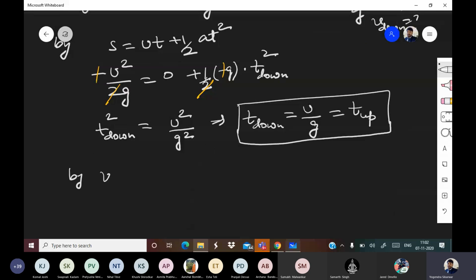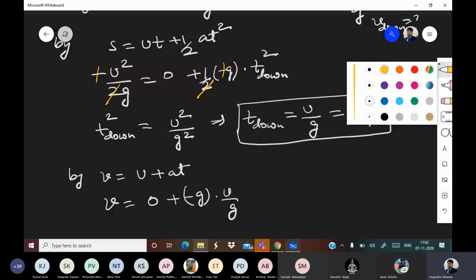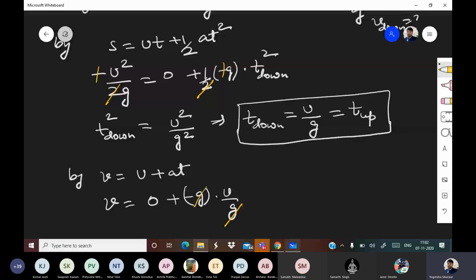So by v is equal to u plus at, v is equal to u is 0 because it is starting from rest, plus a is minus g into t down. t down is u by g. So again this g and this g will get cancelled. So this gives us v is equal to minus u.